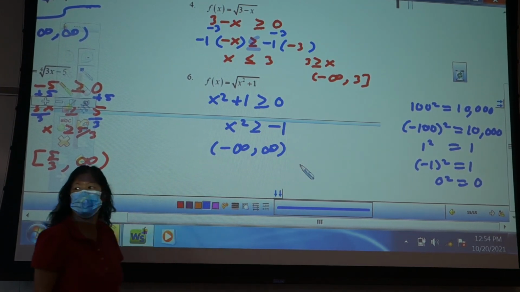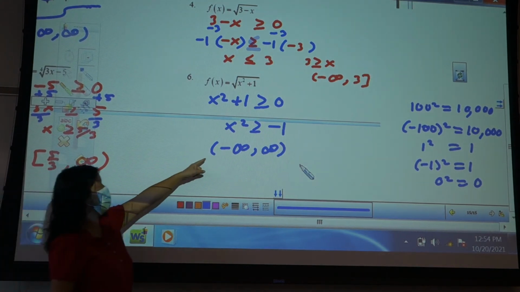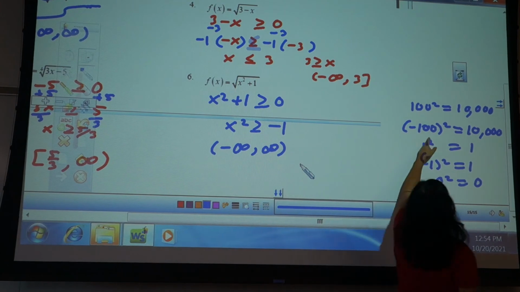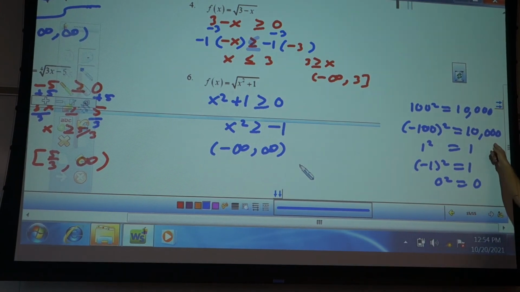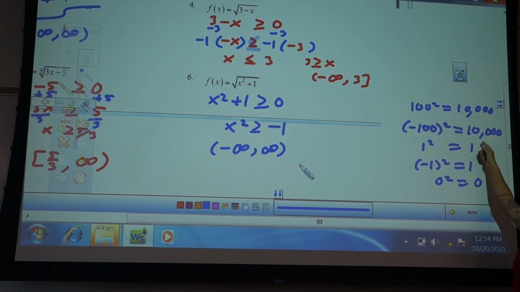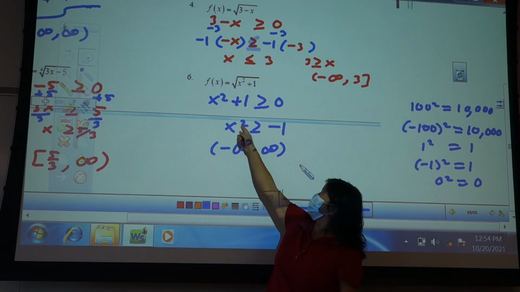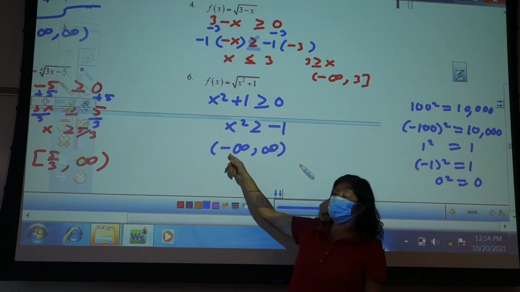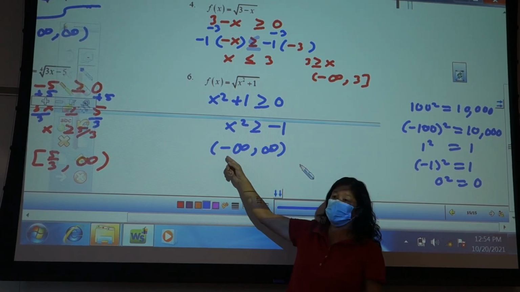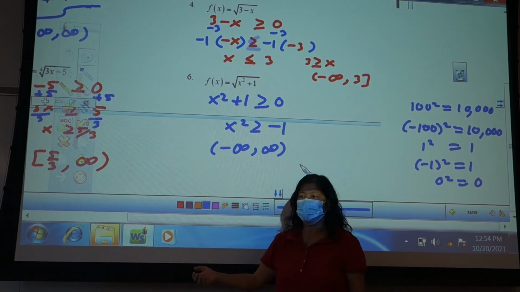So why do we have negative infinity? Because x can be negative infinity. Negative infinity, if you square it, is bigger than negative 1. If I took negative infinity and squared it, it would become positive infinity, right?